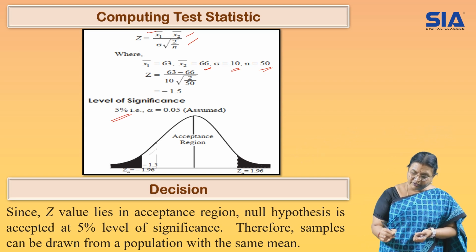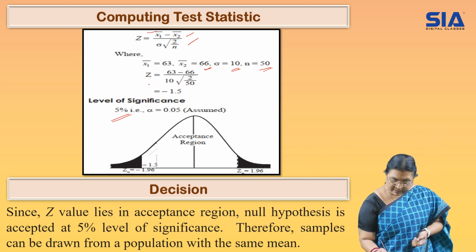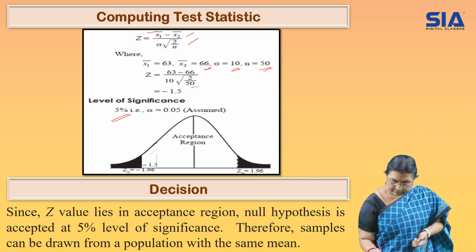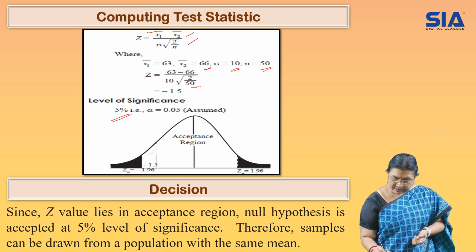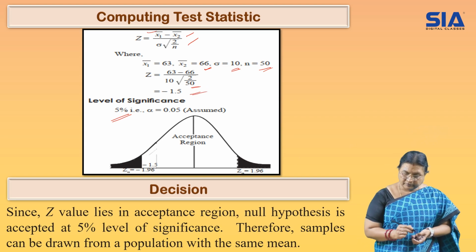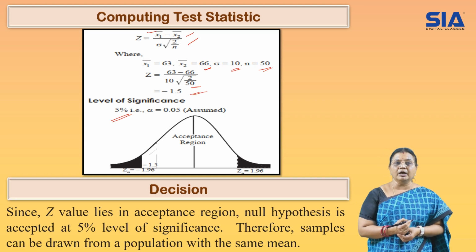Now we substitute in the formula: Z equals x1 bar 63 minus x2 bar 66, divided by the standard deviation 10 into root of 2 by 50. Here we got Z equal to minus 1.5, the difference.